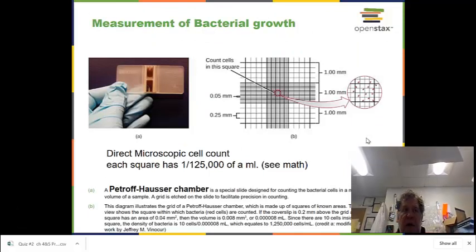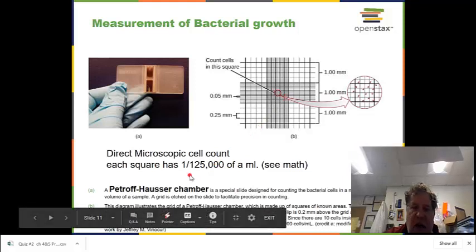So that being said, we need to know how many bacteria are in a culture. How do we do that? One of the ways, and this is also a way of looking at things like blood, is we can use a counting chamber, a Petroff-Hausser chamber. In this chamber, we have little squares that we look at underneath the microscope, and we know the volume of each square.